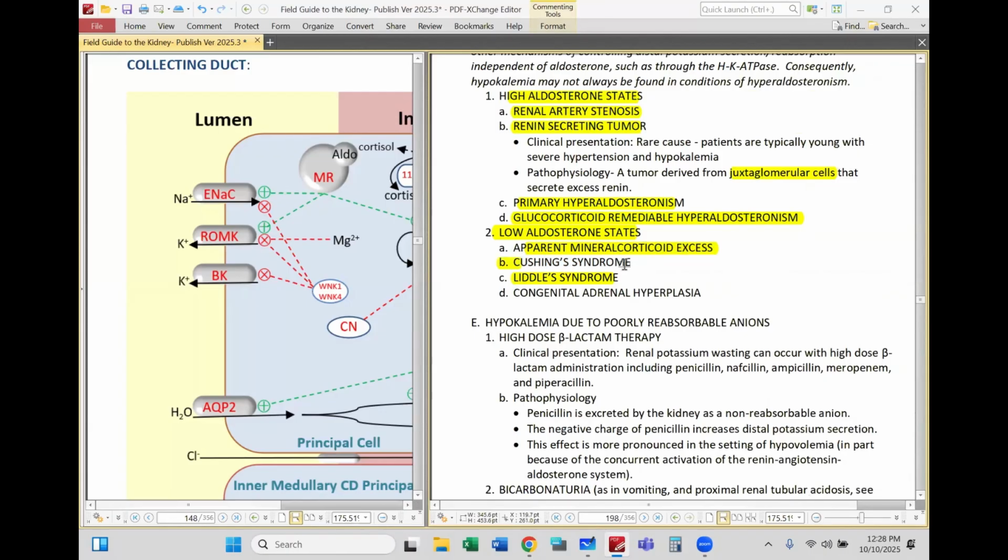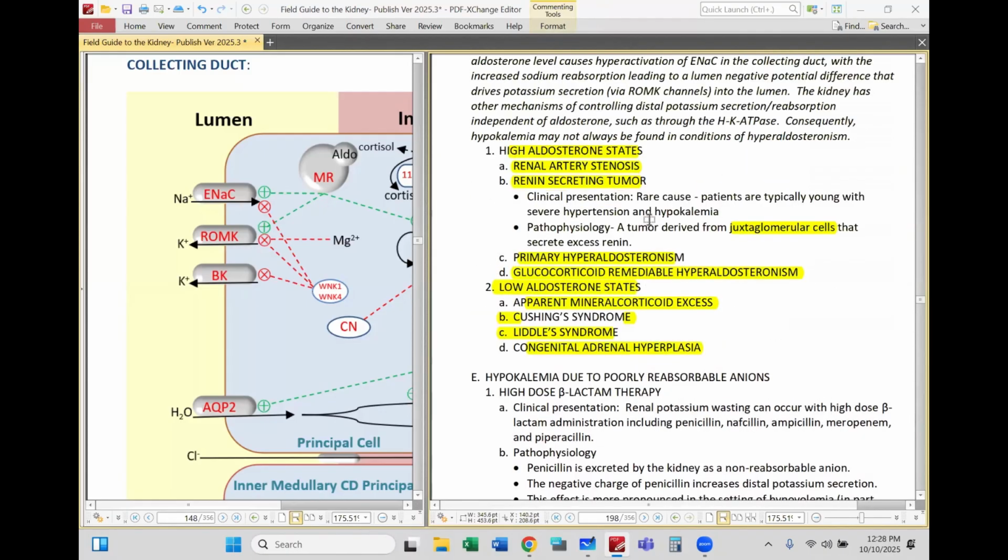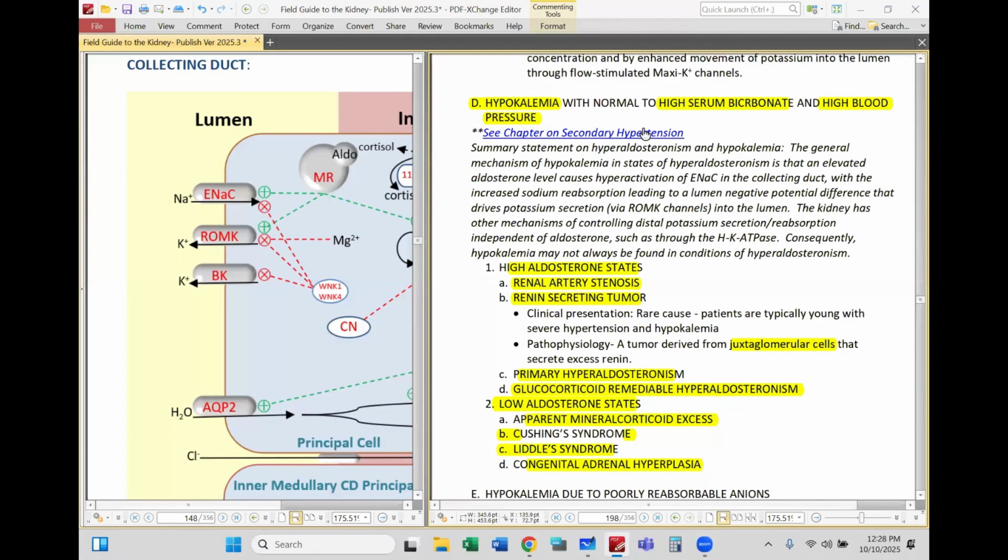Cushing's disease will just be cortisol, which is active at the mineralocorticoid receptor, not just aldosterone. And then we have certain congenital adrenal hyperplasias where DOC, for instance, might activate the mineralocorticoid receptor.